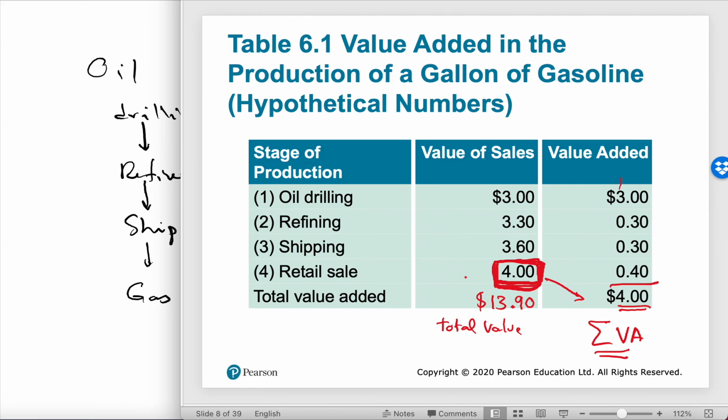Instead of counting how much of it has been done as final, you just do a survey, knock on the doors of the firms in all the stages, and ask them to give you the value added they have created. And by adding them, it's going to give you the answer.